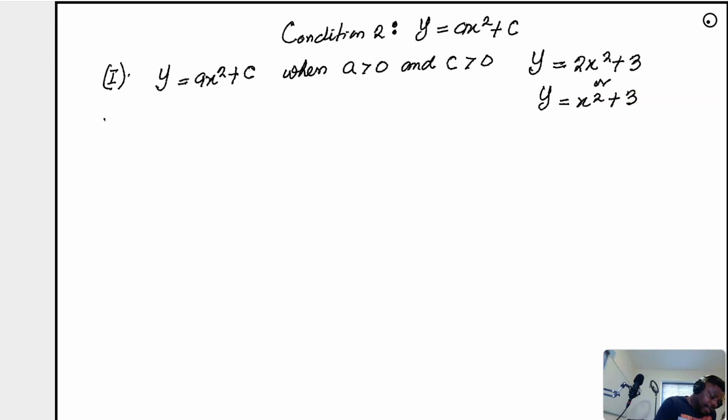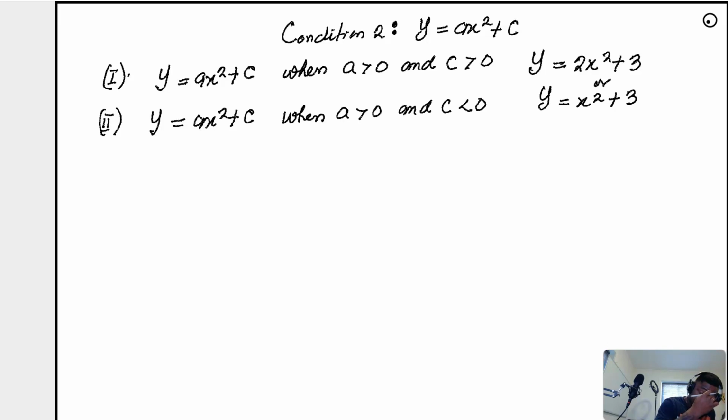Okay? Then for the next one, you have y is equal to ax squared plus c, but in this case, that is when a is greater than 0 and c is less than 0. So in that condition, you can have an example of y is equal to x squared minus 3 or 2x squared minus 5.